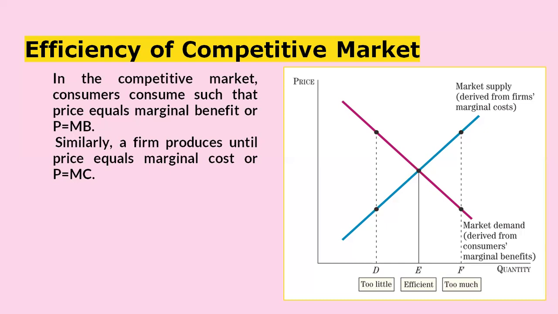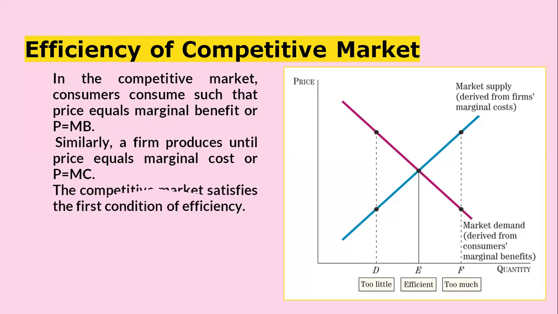Similarly, a firm produces until price equals marginal cost, or P equal to MC. The competitive market satisfies the first condition of efficiency.